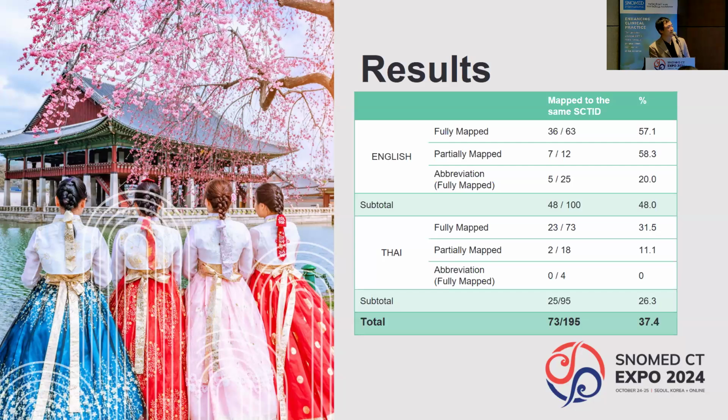For the Thai terms, the fully mapped ones had 30% accuracy, and the partial ones are even lower, detecting just 2 out of 18. The abbreviations are the worst; they didn't extract anything. So overall, it's 37.4% accuracy.